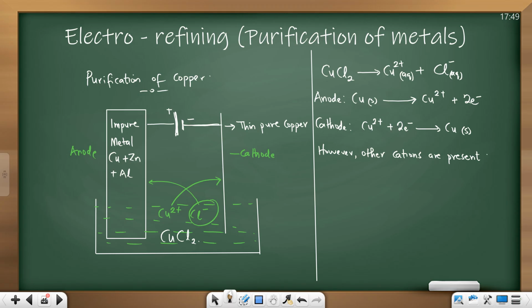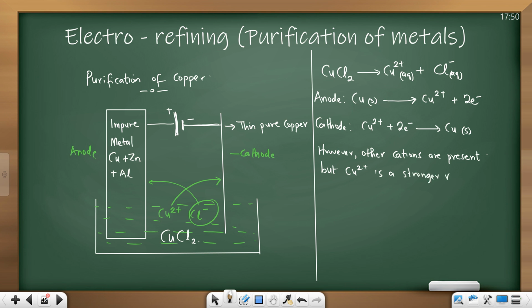Copper would be the stronger oxidizing agent than the others. So for example, if you remember, zinc is on top of copper, so copper is reduced. Aluminium is on top of copper. Copper is reduced. So other cations are present, but copper 2+ is a what?